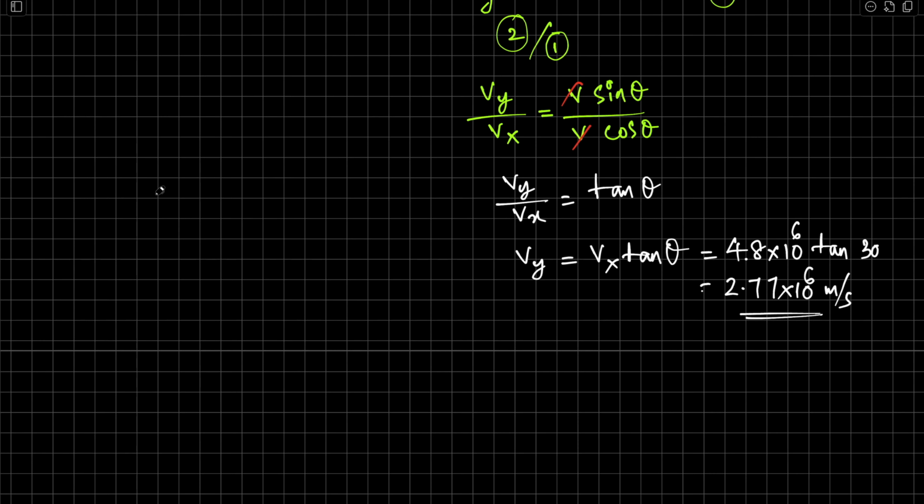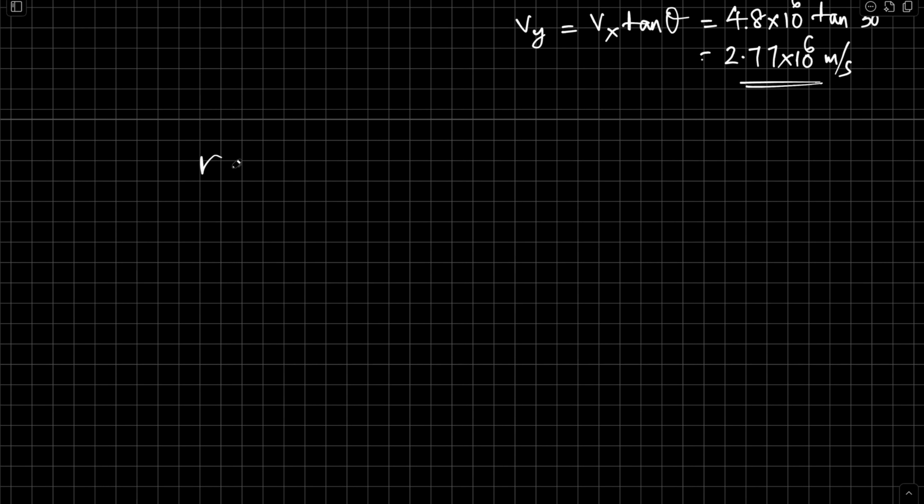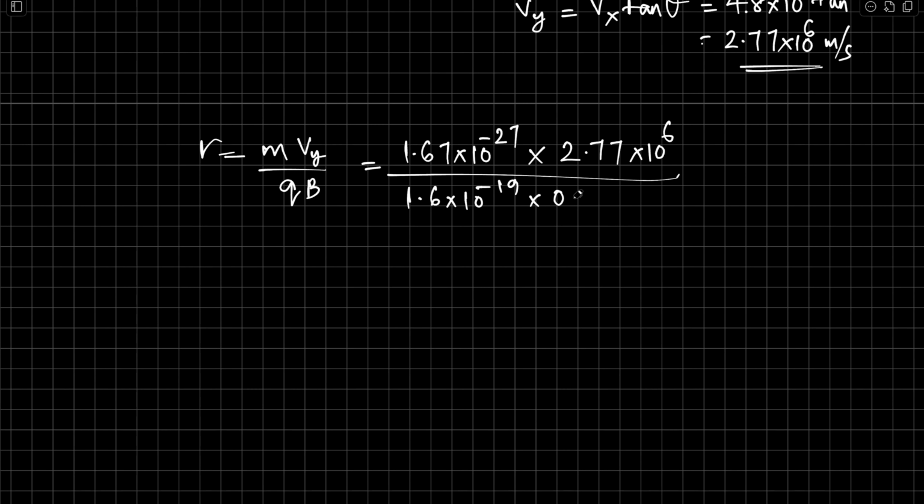Okay, let's go back to our equation for orbital radius. r equals m vy over qB. The mass of the proton is 1.67 times 10 to the power minus 27 kilograms. vy, we just found, is 2.77 times 10 to the power 6, over the charge of a proton 1.6 times 10 to the power minus 19, times the magnetic field 0.65.